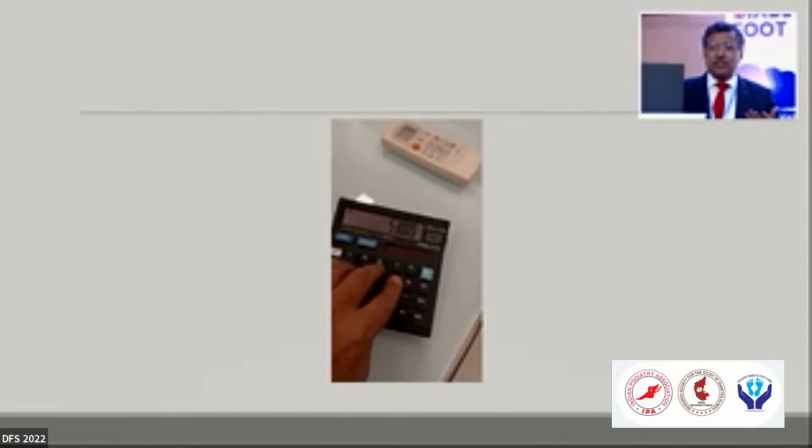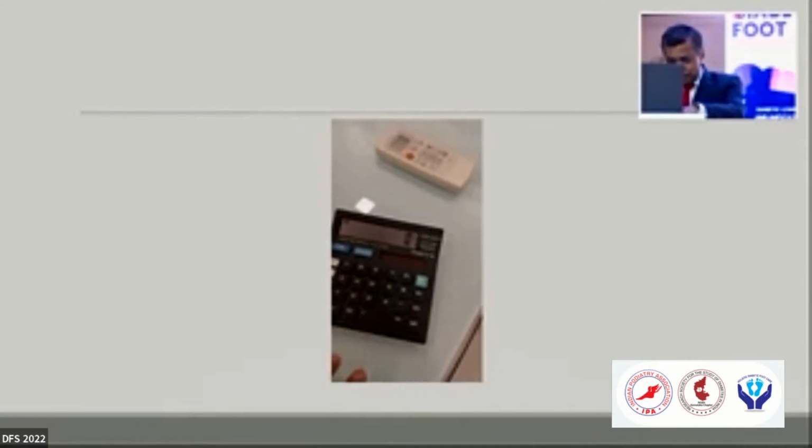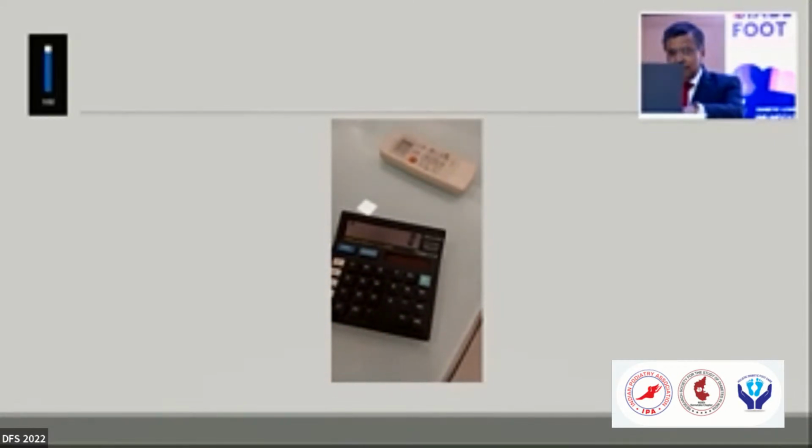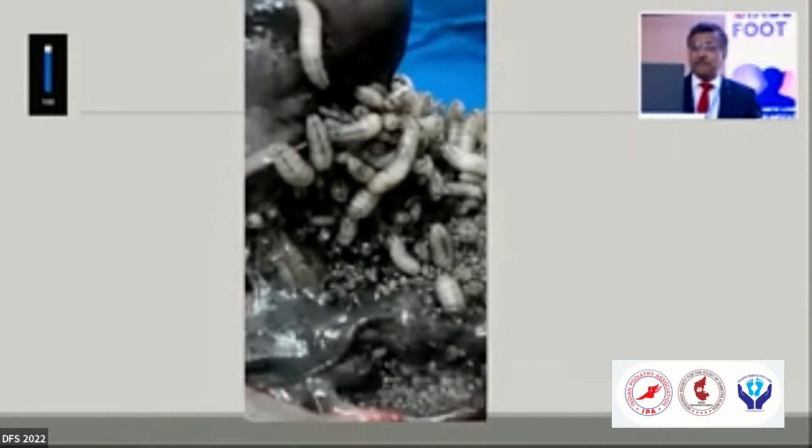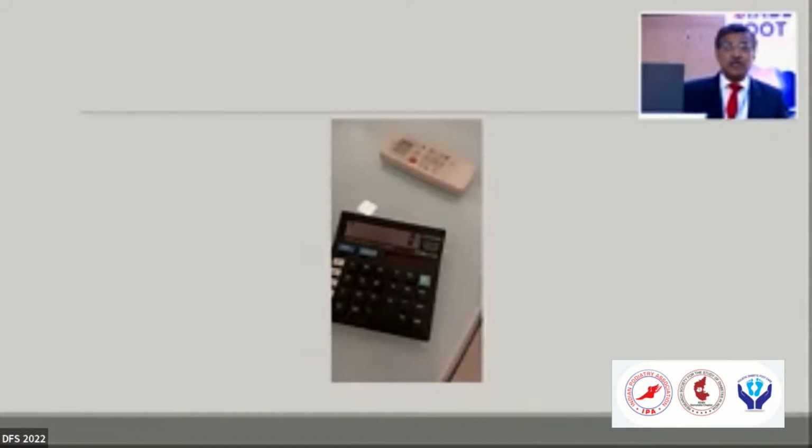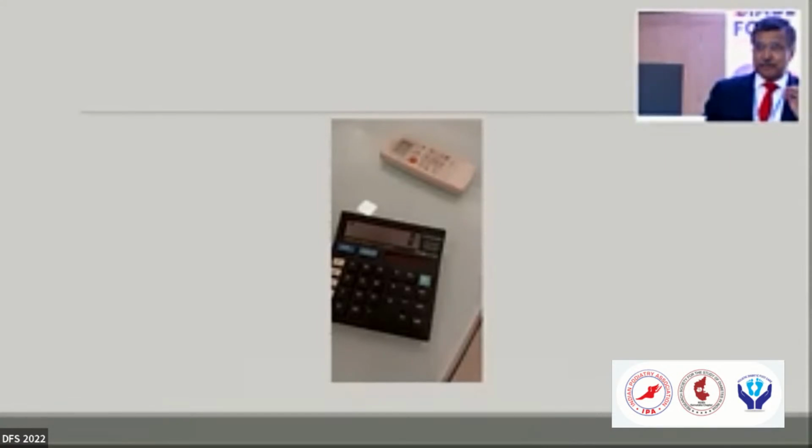That really made us frown. I could not believe my own eyes at such a figure. Then we started calculating how much that amount comes to, and believe me, it comes to about 50 lakh rupees for a major amputation. Now, this is the US data which we have.